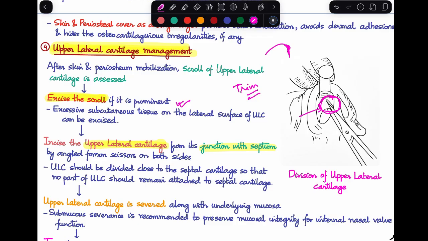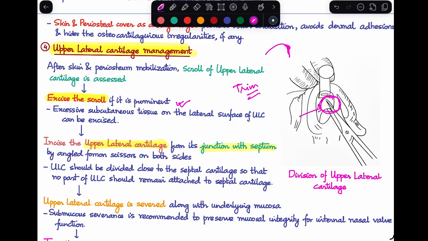But you also have to remember that we should not perform over resection of the cartilage, because if you end up excising too much of the upper lateral cartilage, the nose can actually get a pinched appearance in the lower cartilaginous vault region, and the nose can end up becoming short post-operatively. So we have to be very careful about how much we are excising. We'll excise only the amount that is absolutely required.